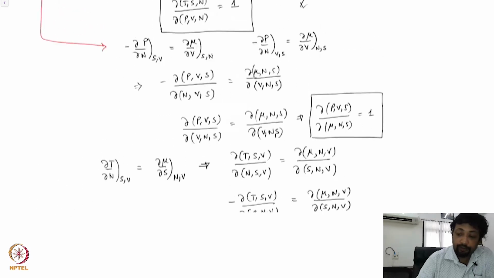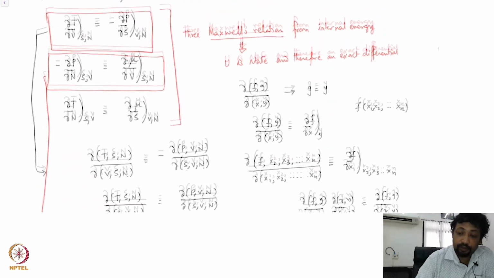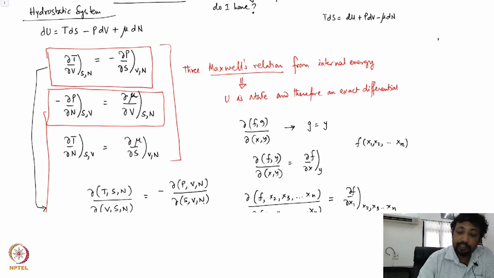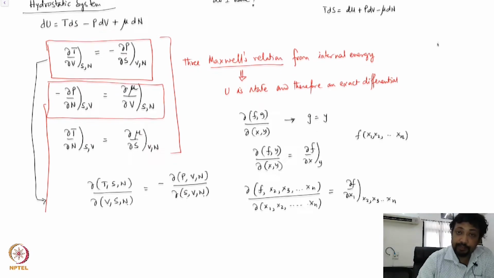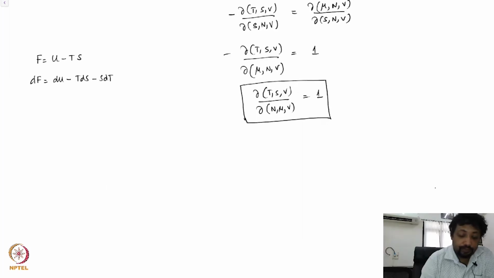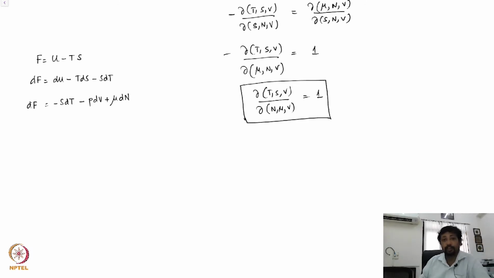And if you now follow the first law which we had written down on top somewhere, yeah, exactly, dU minus TdS is minus PdV plus mu dN. So this becomes minus SdT minus PdV plus mu dN. This was the differential of the Helmholtz free energy. So let's apply. F is also an exact differential. It's a free energy, derived from U by simply replacing the entropy with its conjugate variable T.